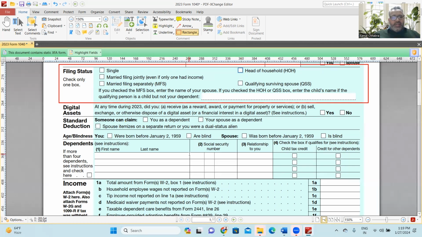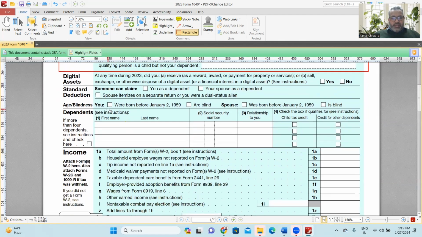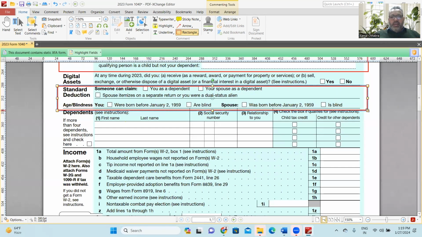Then next is about the deductions, right? So if you have any dependent, your spouse, and you are claiming any standard deduction or itemized deduction, any itemized deduction based on the dependent, you need to provide the detail of how many dependents you have, right?